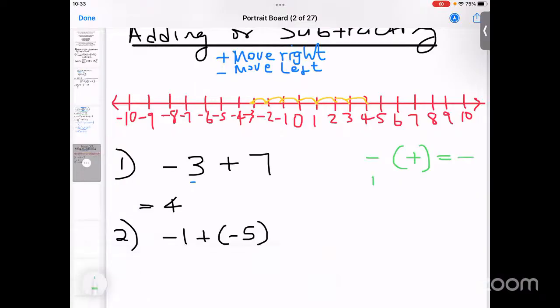But let's say you had a positive that you are multiplying by something in the brackets, which is a positive, your answer ends up being positive. But if it is a negative inside the brackets, you are having a negative, then you multiply those, you end up having a positive.